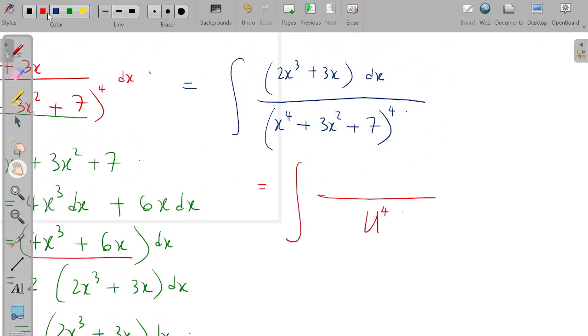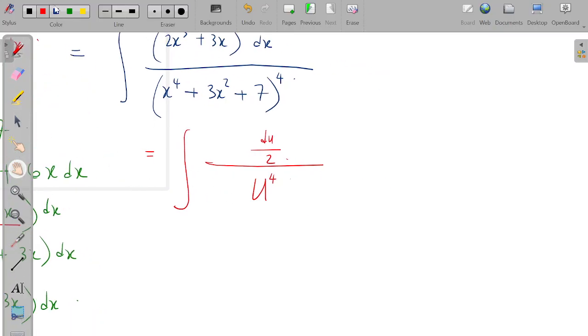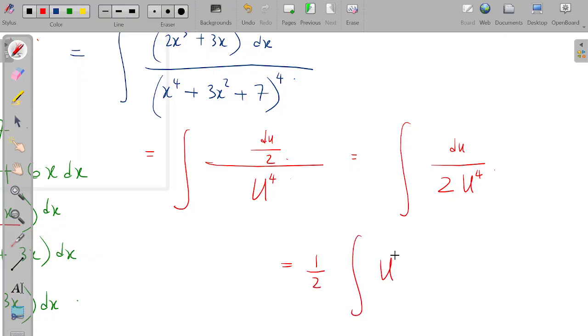So the integral becomes du all over 2u^4. We can rewrite this as 1 over 2, and then u^4 can come up, becoming u^(-4) du.